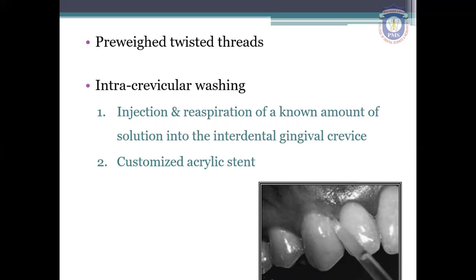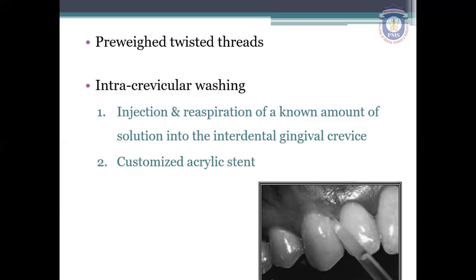Next is using intracrevicular washing. This method is especially useful when we want to analyze what are the cells found in the GCF. Two methods are used. First, 10 ml of an isotonic solution, for example Hank's balanced salt solution, is injected into the crevice. Then using a micro syringe, it is re-aspirated back.